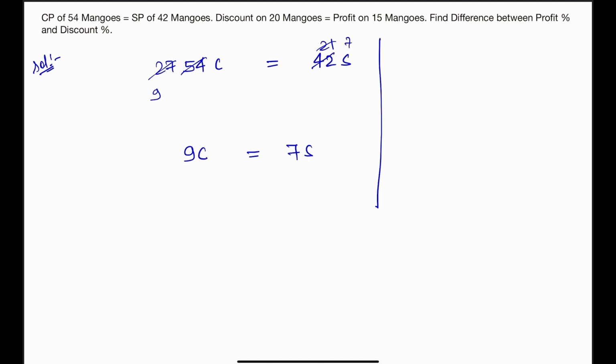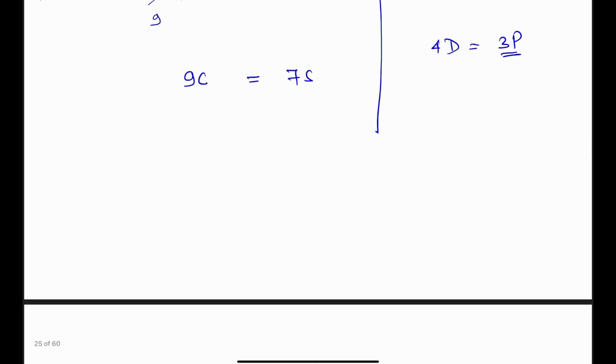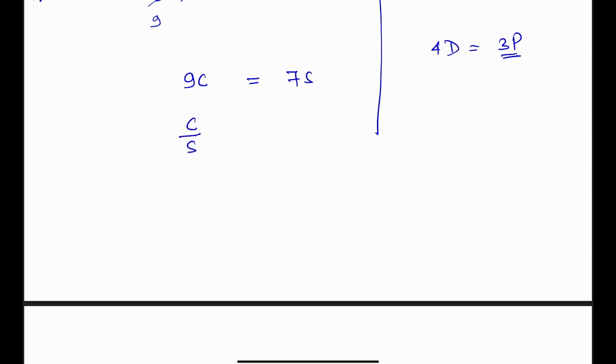Okay, and here it is written as 20D equal to 15P. So how much will it be? It will be 4D equal to 3P, right? 4D equal to 3P. So I can write C upon S is 7 upon 9, and D upon P equal to 3 upon 4.